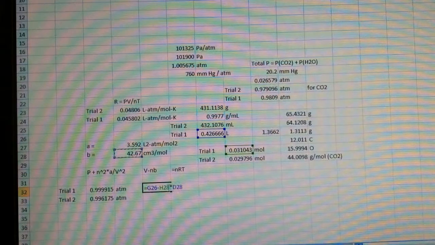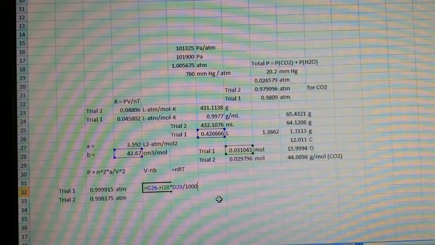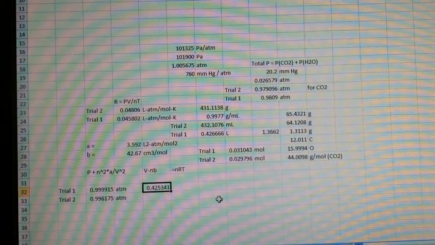We have moles times this constant B, but that's cubic centimeters or milliliters per mole. So what I get here is milliliters, and I'm subtracting those milliliters from liters. So I need to take this, convert it to liters by dividing by 1,000. Alright, now doing that, I have a proper volume.